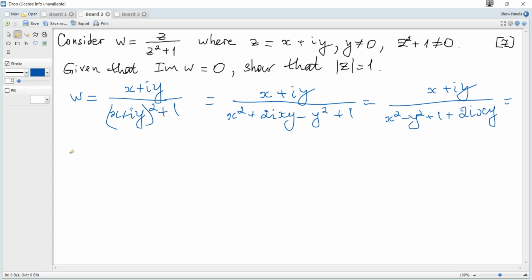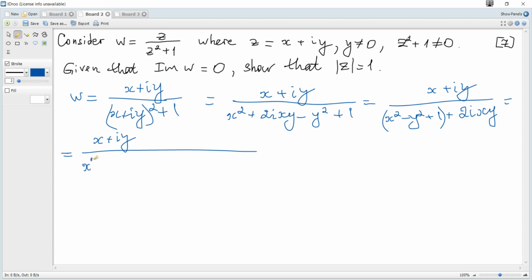And to get rid of i in the denominator, we consider this as one term, and we multiply by the same but with minus to get a formula a squared minus b squared.